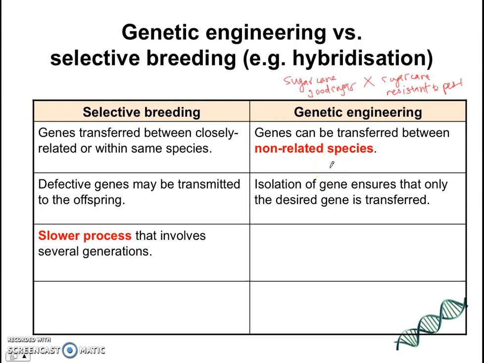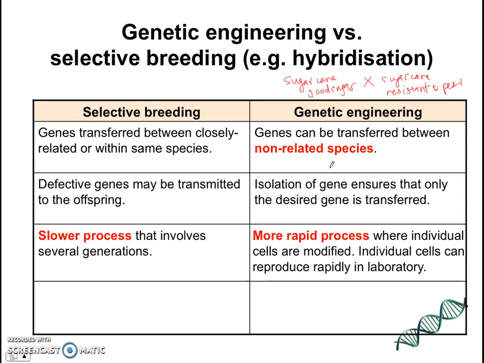Next, selective breeding is much slower. You've got to get the two parents to breed together, and you've got to wait for the offspring to grow. It's going to take several generations. But genetic engineering is a very rapid process. I can modify an individual cell, and then cause these cells to reproduce very quickly.